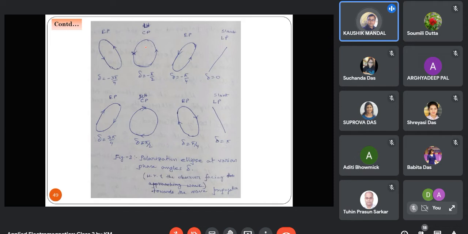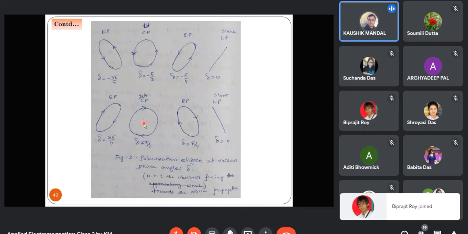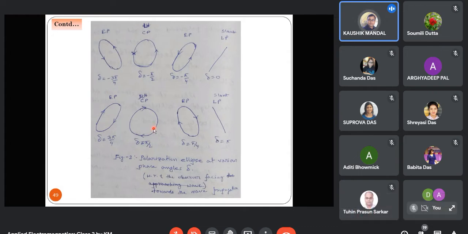Let us start with the CP case. This is the case of CP, meaning the corresponding polarization ellipse will become a circle. Delta equal to minus pi by 2 gives a sense of rotation that is counterclockwise. Now in the other case, delta equal to plus pi by 2, the rotation of the tip of the electric field vector will be along the clockwise direction.